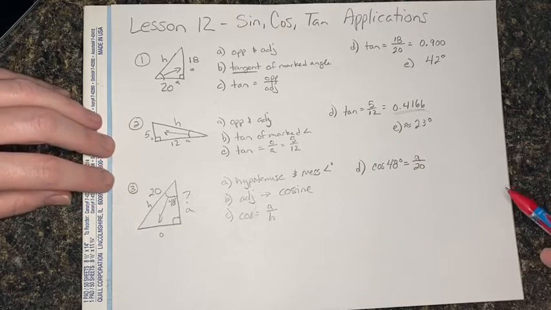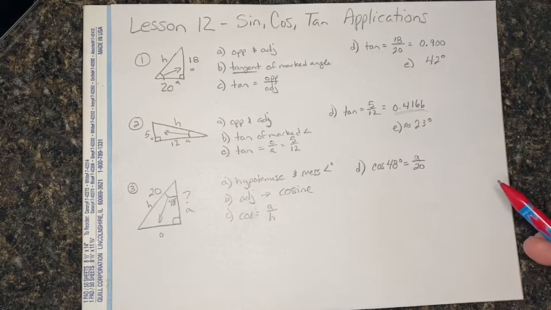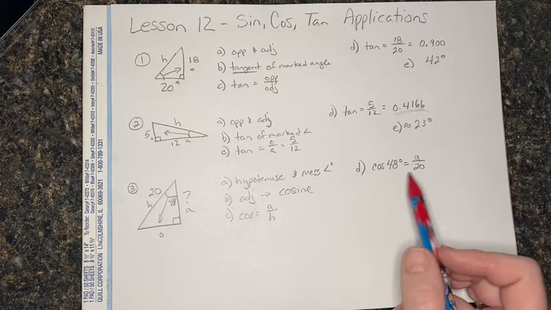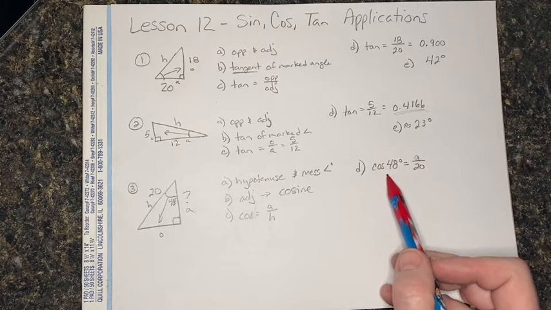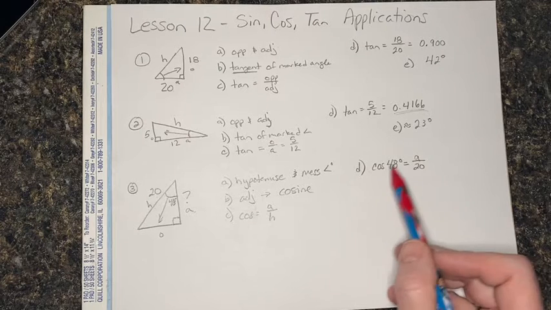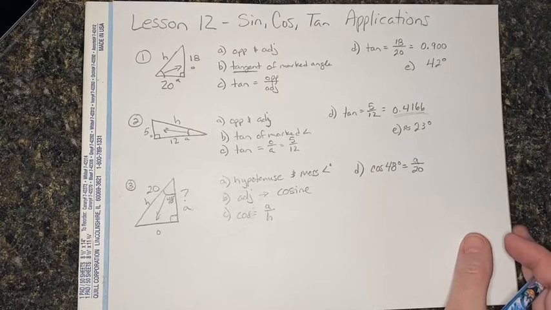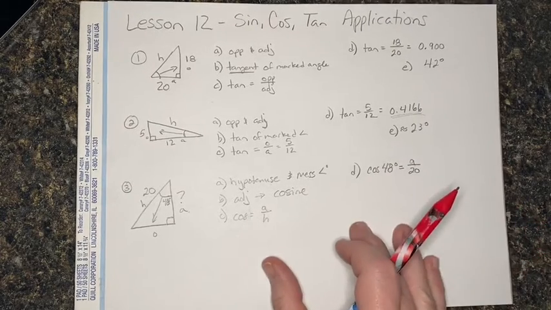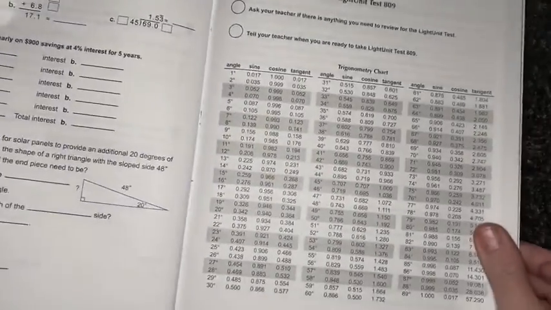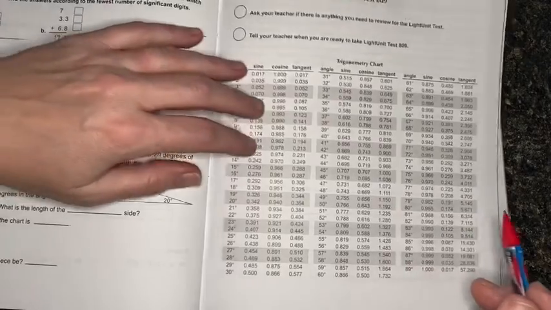Now this time, we have to look at our chart before we do our math because we need to know what is the cosine of 48 degrees. Otherwise, if we couldn't figure that out, then we would have 2 variables in this problem, and we can't solve for 2 variables at the same time, not with the information given us anyway. So we need to pull out our chart now, and we're looking for the cosine of 48 degrees.